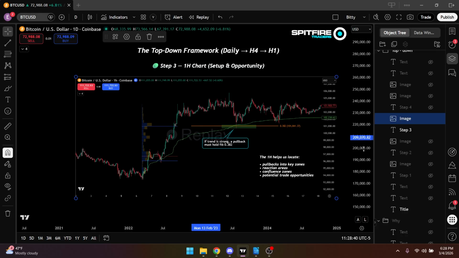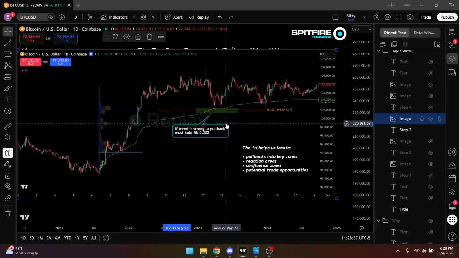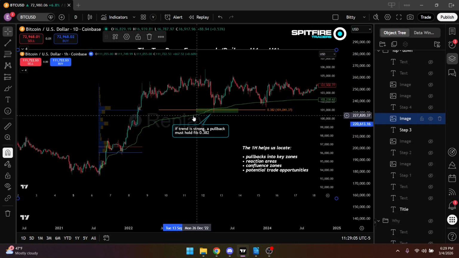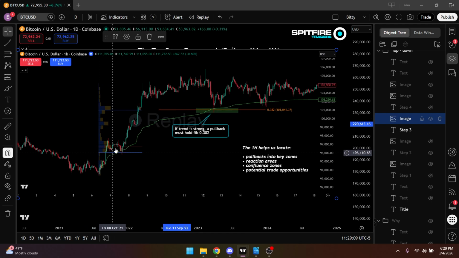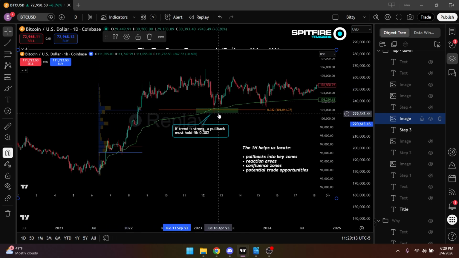So instead of guessing, we are simply waiting for the market to give us a setup that aligns with the higher time frame narrative. And as you can see here in our example, that 382 had a confluence with an anchored VWAP and a value area high of the last move up. So this was our area for longs.